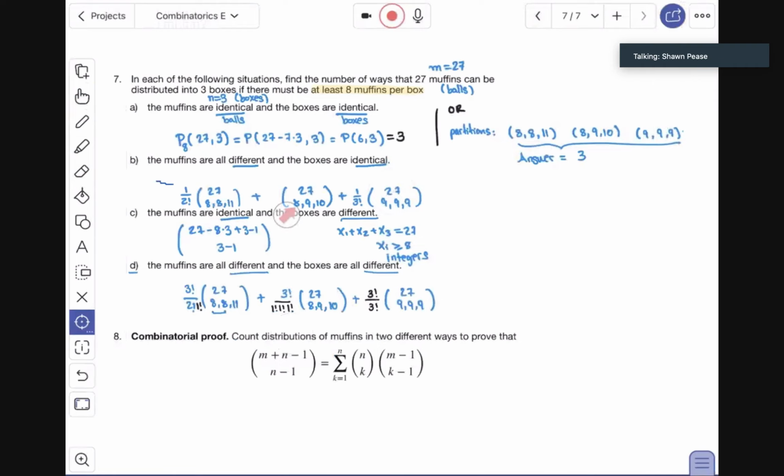So I thought that was the only partition for 27 muffins. Oh, no. What is different is if the muffins are all different. The muffins are all different, but it's not telling you anything about the sizes of the parts. The only thing that you're given about the sizes of the parts is that they need to be 8 or more. That's all.